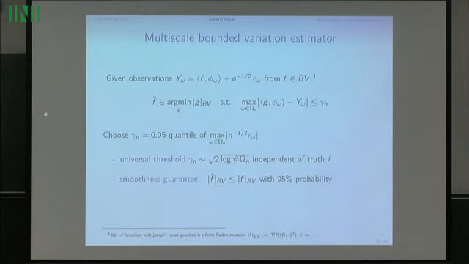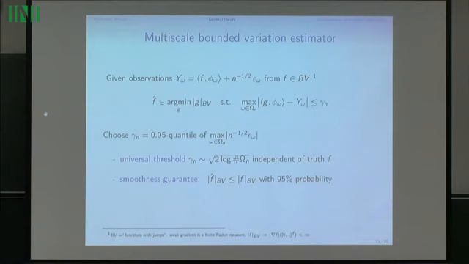Now, well, essentially I'm repeating the story that I told you before. We can choose this threshold gamma_n as being some small quantile of the noise here. And why is that? Because you see, if you insert the observations y up here, and, for instance, you take g to be equal to the true regression f, what remains here is the maximum of all the projected noise terms.